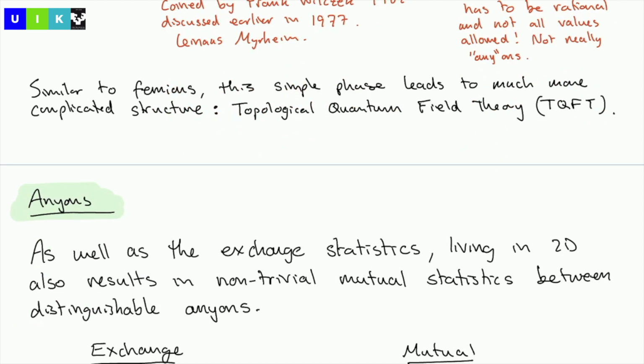Now, the minus sign for fermions had huge ramifications. Now we've got a more general phase. It turns out to be an even richer story. Even with just this phase, we end up with a much more complicated structure for these anyons, and that's what I'm going to talk about here with this description of topological quantum field theory.